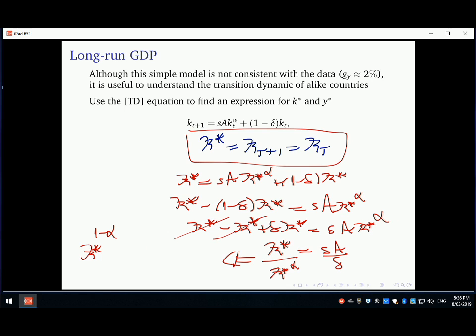Because the exponent of little k star is implicitly just 1. And when you divide these two things, you subtract the exponent. So it's 1 minus alpha. And that is equal to little s a delta.